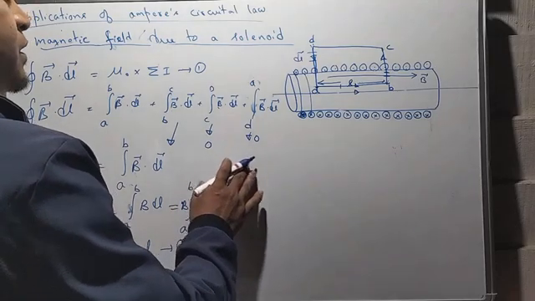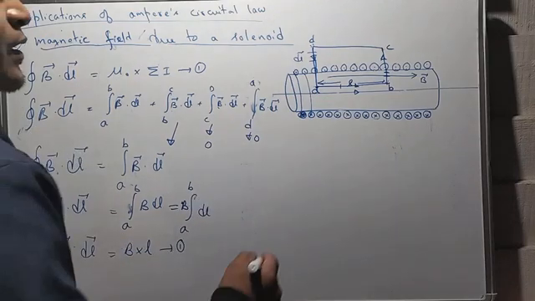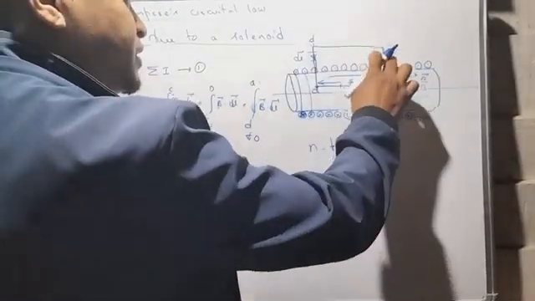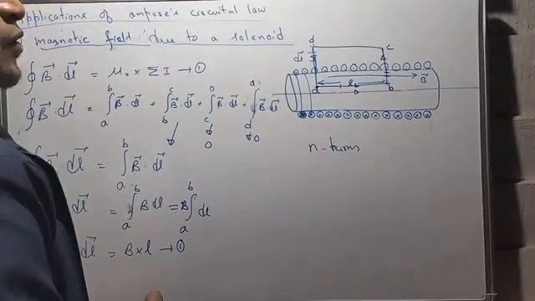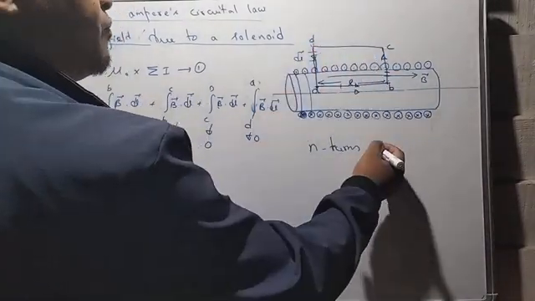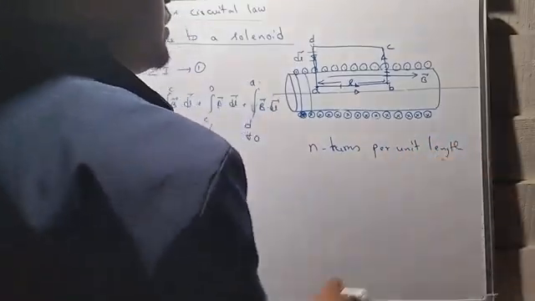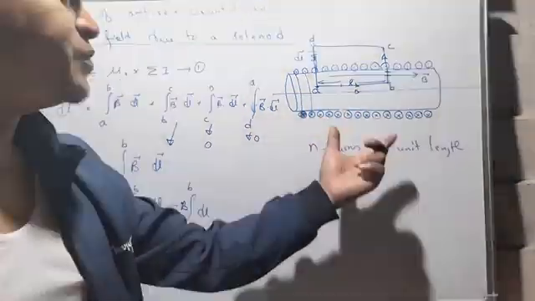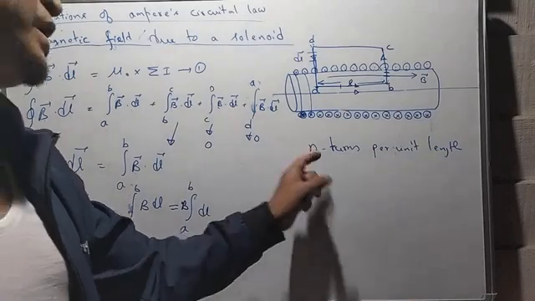But suppose I don't know how many turns I have chosen. Let's say there are n turns per unit length that enclose this loop A, B, C, D. When I say per unit length, it means the number of turns per 1 centimeter or per 1 meter of the loop is n.